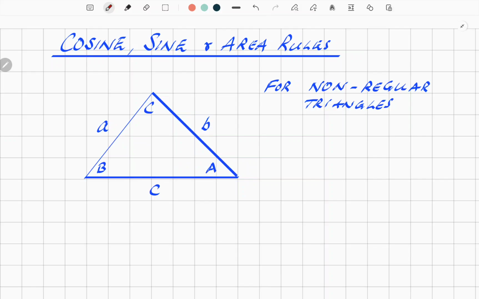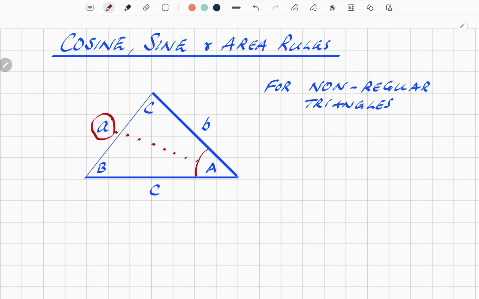But in the cosine, sine, and area rules, the main thing is that each side, for example this a, is associated with the angle opposite it. So little a there denotes the side, and big A denotes the angle that is its opposite. Do you see how they are related like that?